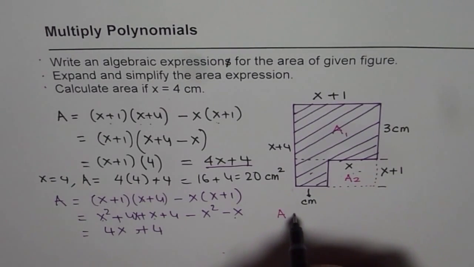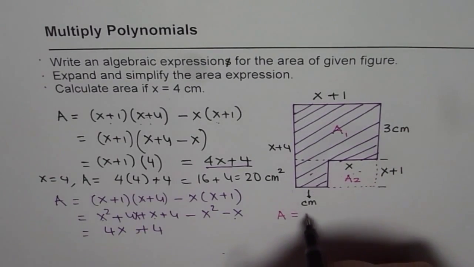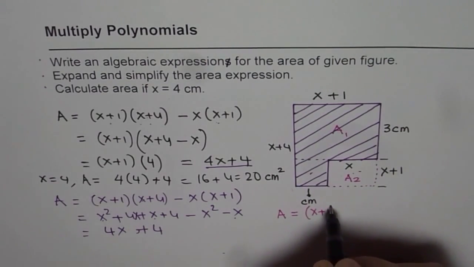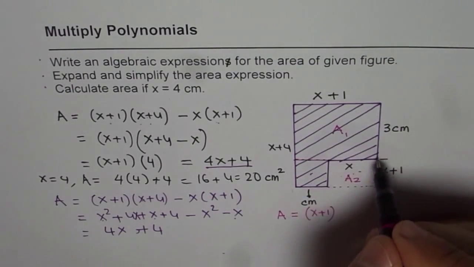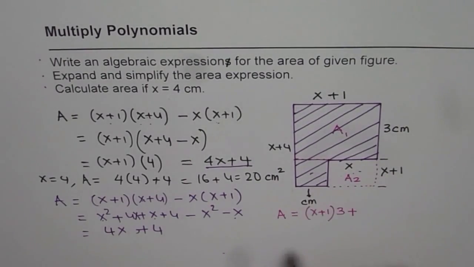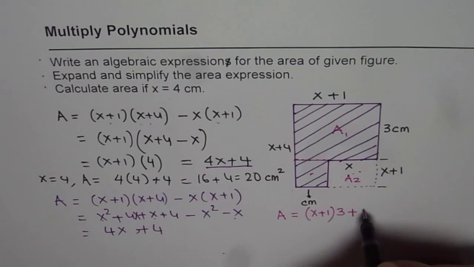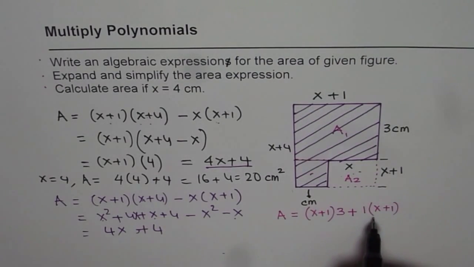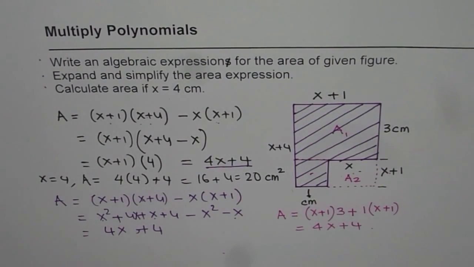The area could be equal to the sum of the two areas, which are x plus 1 times 3 plus this area. This area will be 1 centimeter by x plus 1, 1 times x plus 1. That will also give you the same result, which is 4x plus 4. That's an alternate way of doing it.